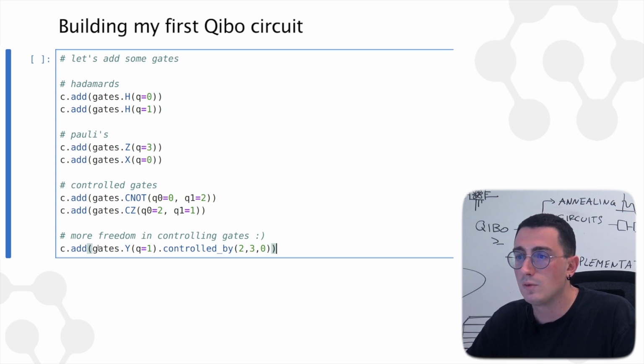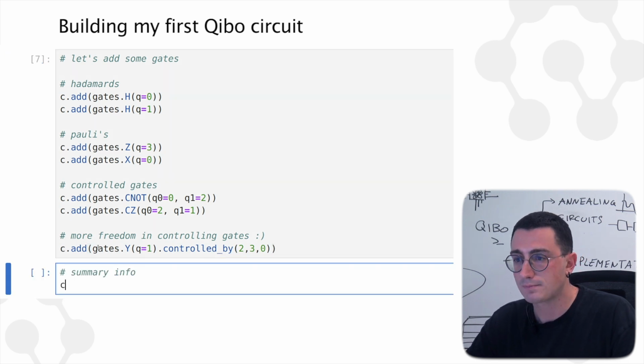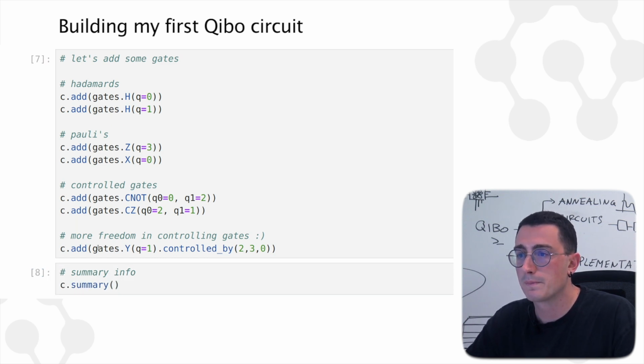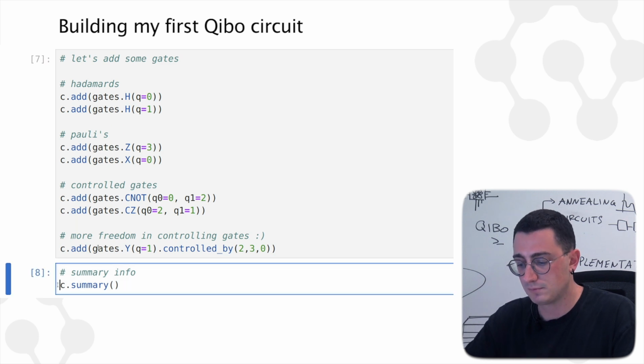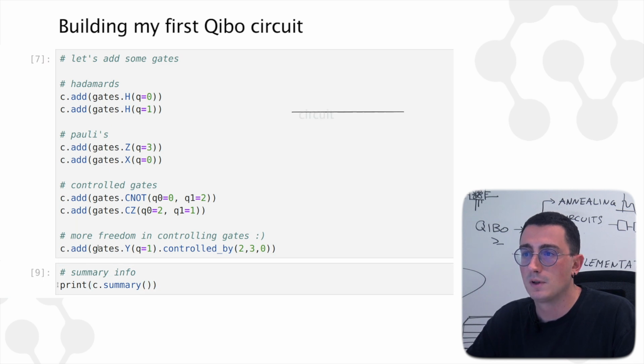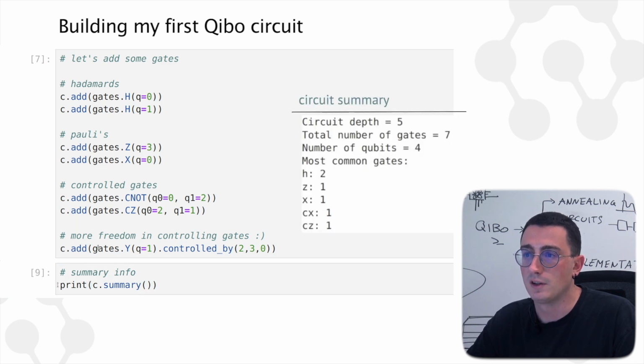Perfect. So now we have our quantum circuit, and we can visualize some information about the circuit. Let's say c.summary, we can print it. And then you have some summary of the information of the circuit: the circuit depth, the total number of gates, the number of qubits, and so on.